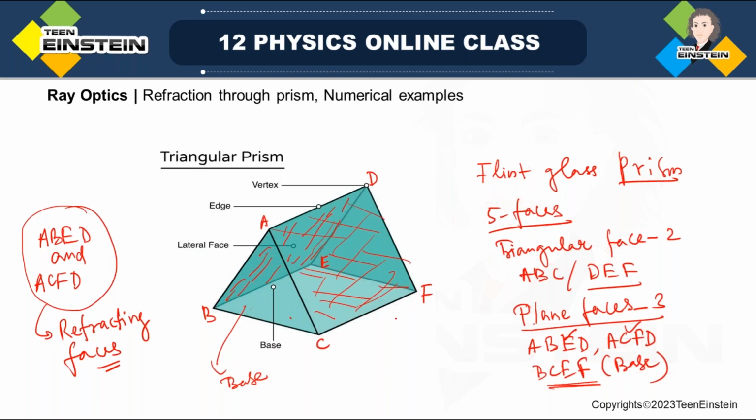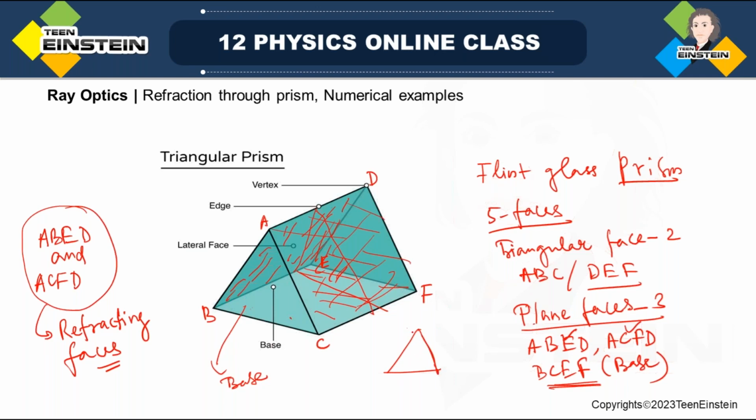Now, if we take a cross section of this, we'll get a triangular shape. That's why whenever we draw a figure of a prism, we just draw a triangle, which means we are taking the triangular face.